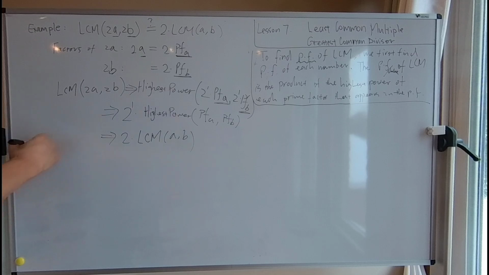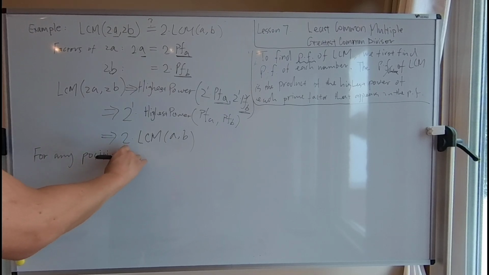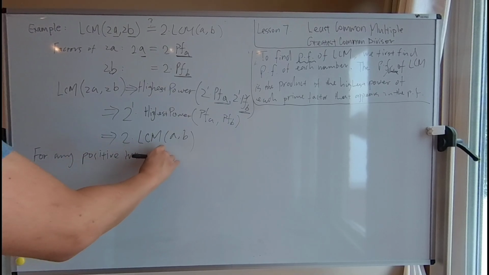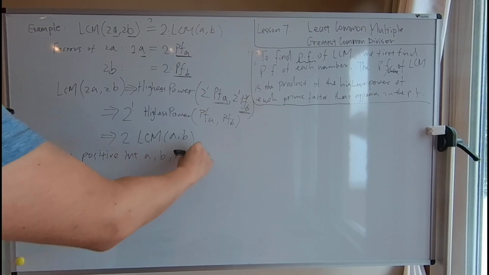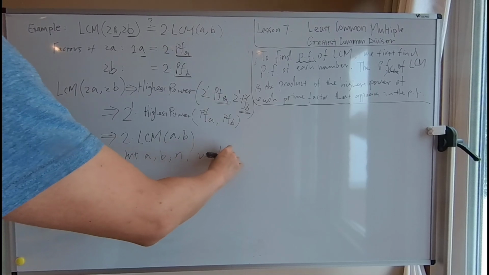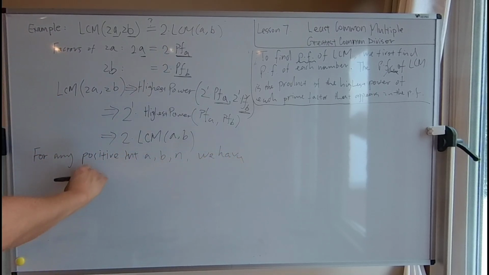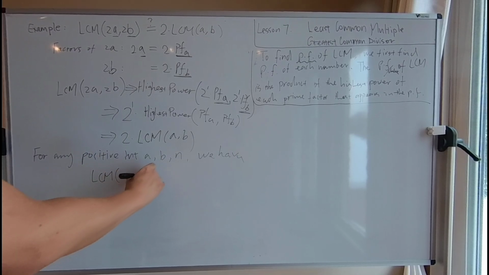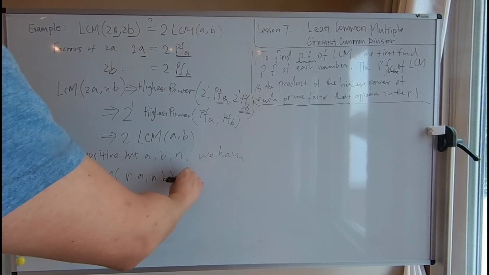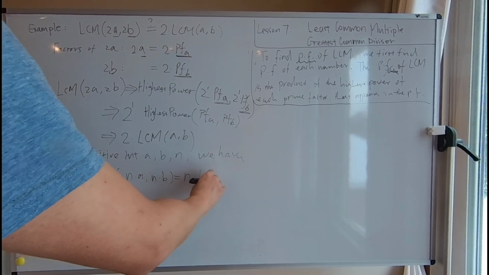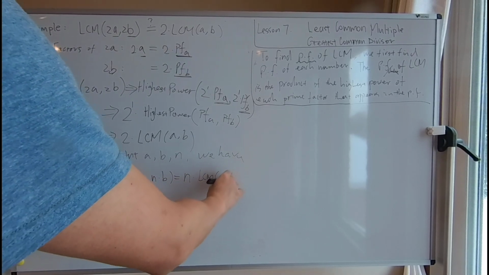So we can conclude from here that for any positive integers a, b and n, we always have the LCM of n times a and n times b equals n times the LCM of a and b.